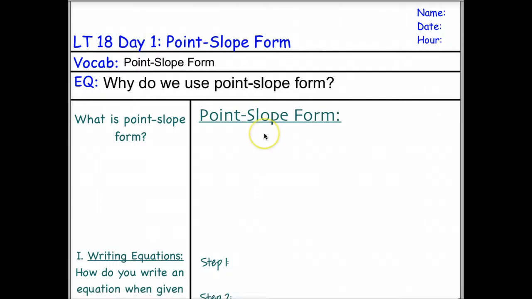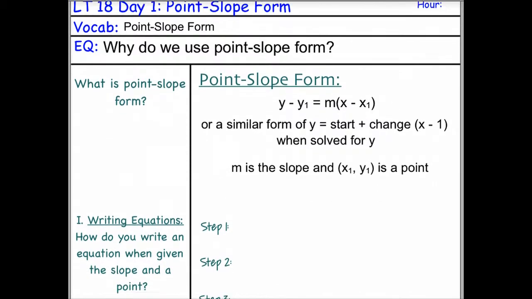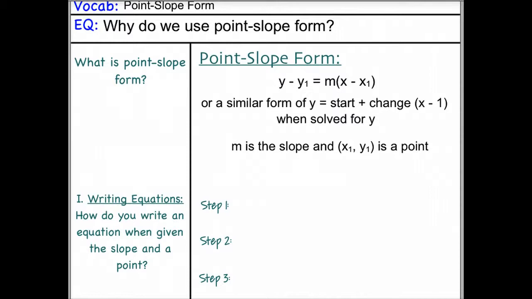Well, first we need to figure out what point slope form is, and it is y minus y1 equals m in parentheses times x minus x1. And it is a similar form of y equals start plus change times x minus 1 when you solve for y. And m is the slope, and x1, y1 is a point.